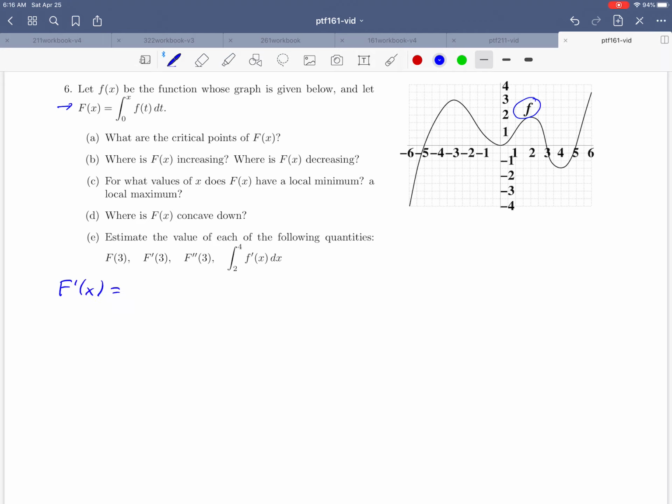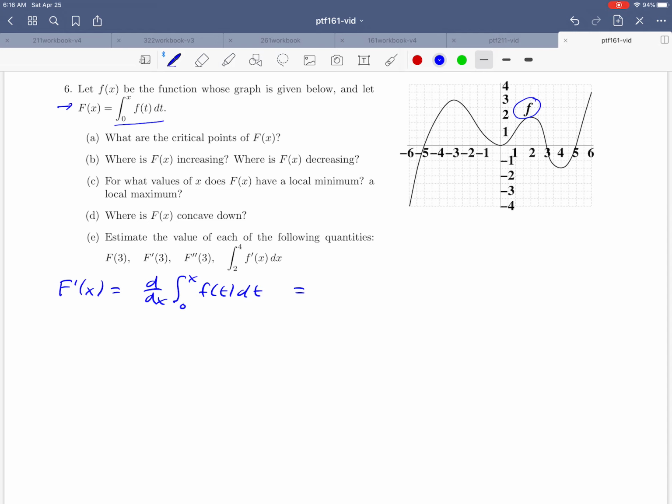Okay, so doing that would mean taking the derivative of the integral up here that defines capital F and asking ourselves what happens when we take a derivative like that. You might recognize this as the second fundamental theorem of calculus, which essentially says that we get cancellation of the derivative and the integral in this situation.